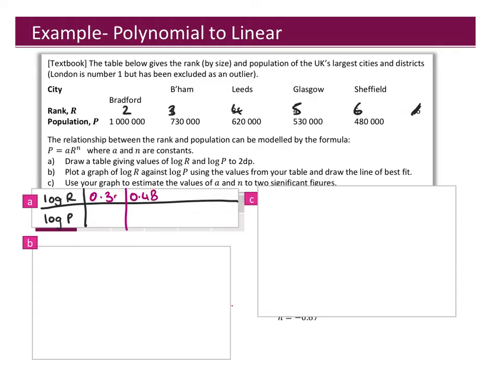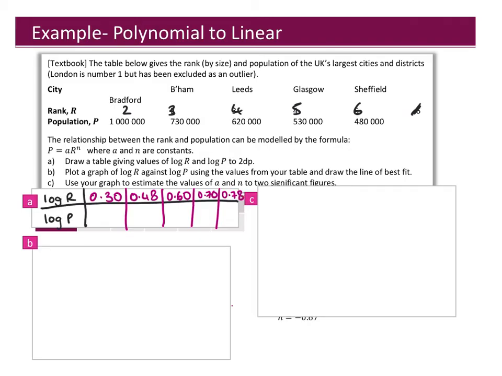It says 2 decimal places though, so that must be 0.30 for the first. Then we do the log of 4: 0.6, but to 2 decimal places is 0.60. Then the log of 5, because that's our next r: 0.7, but we put 0.70 for 2 decimal places. Then the log of 6: 0.778, so that's 0.78 to 2 decimal places.